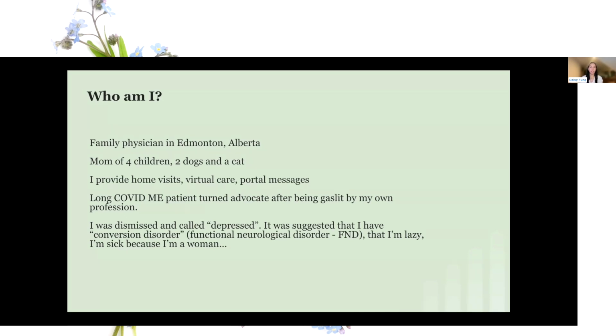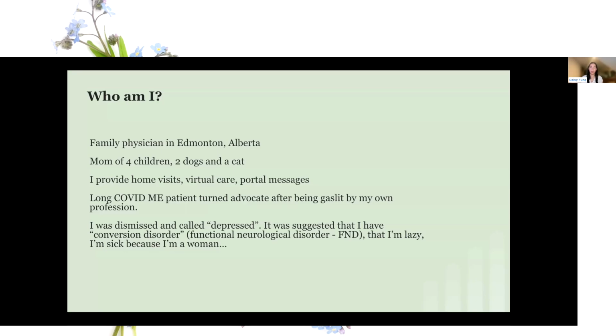And I also contracted COVID in 2020 and developed long COVID and ME subsequently. So I got into the space very recently, actually, and I've had to do a lot of learning in the last 4 years plus, and have become an advocate through my own experiences as a patient.